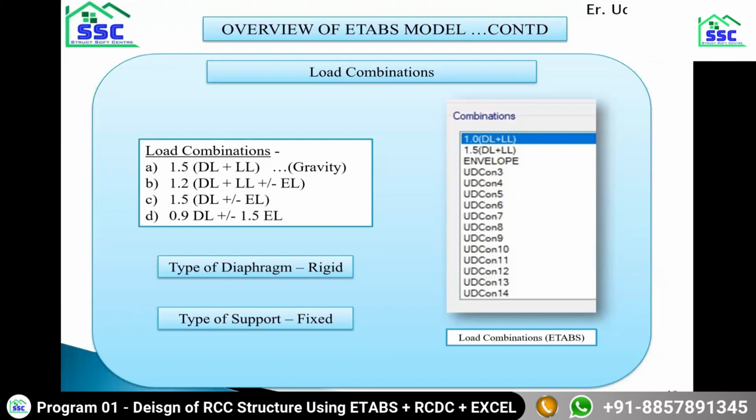Third combination is 1.5 dead load plus or minus earthquake load. Last combination is 0.9 dead load plus or minus 1.5 earthquake load. So the various combinations that are generated because of this plus and minus sign are added into the Etabs model.